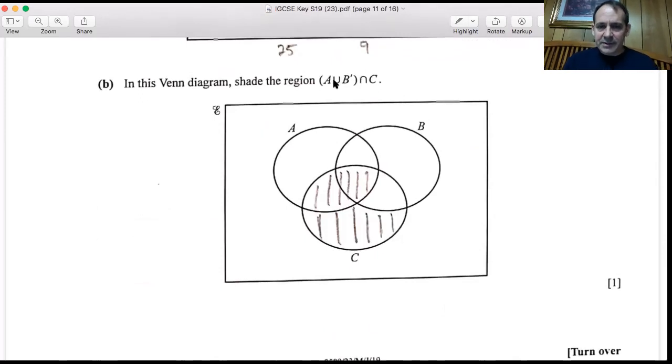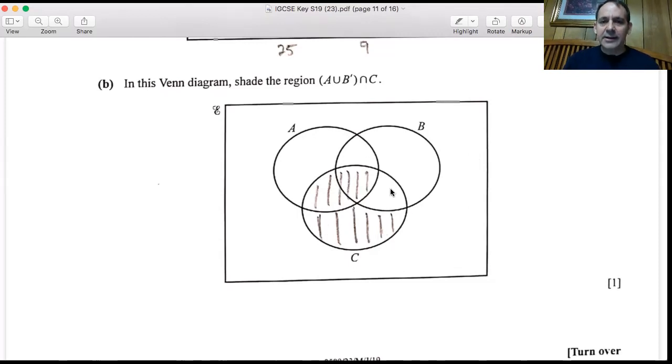Shade the region that is the union, that is combining all of A with not B. So all of A is this, with not B is all of this, and then that intersect with C. So all of A, not B, intersect with C. This was all of A intersect with C, and this part here is the not B intersect with C. So these 3 sections are what you shade.